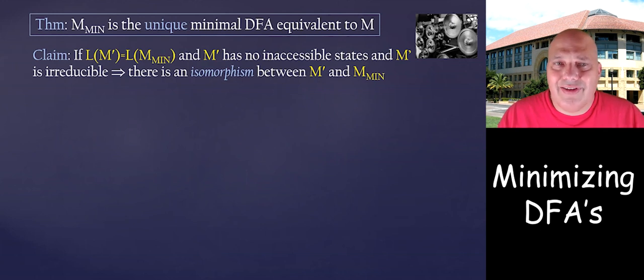So let's look at the theorem that we have. The theorem is that M min is the unique minimal DFA that is equivalent to M. And to prove it, we'll prove the following claim.